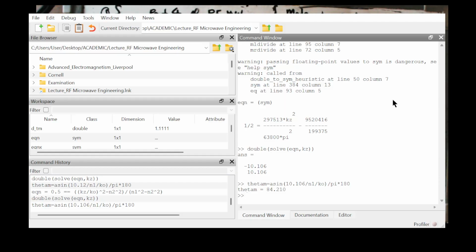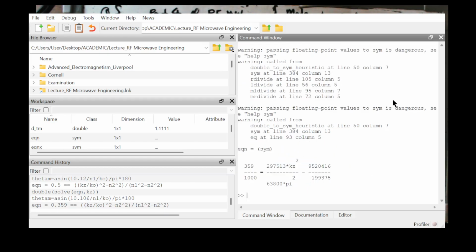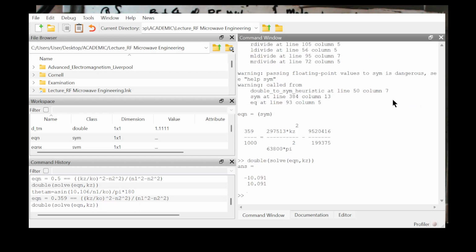And the value of B for mode 7 is 0.359. And I need to solve for the propagation constant.